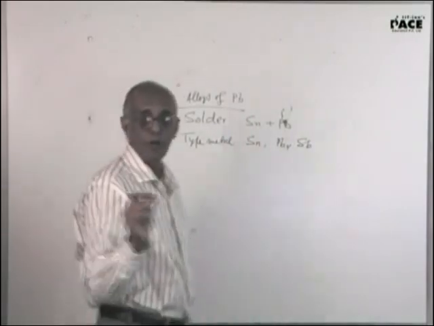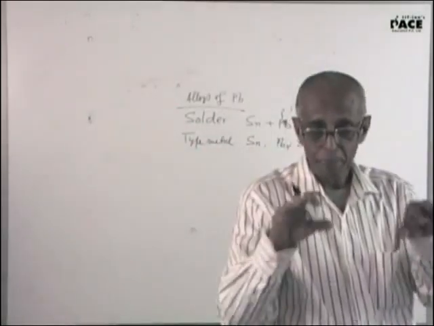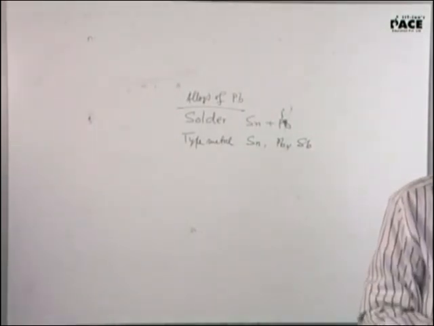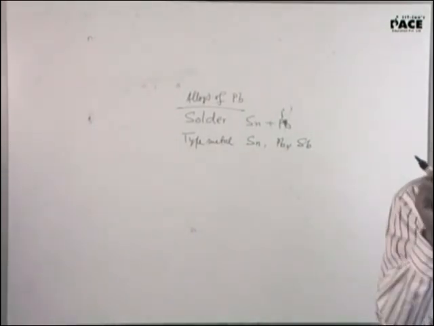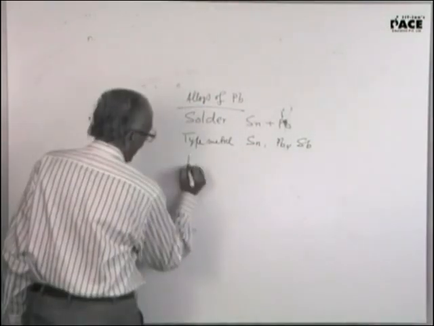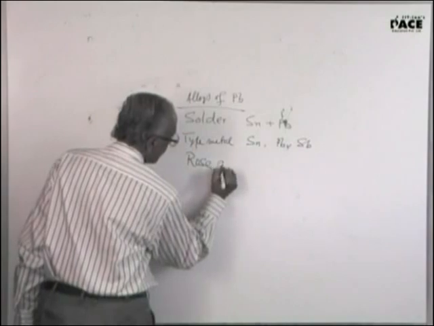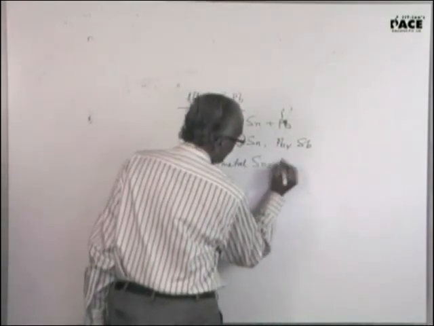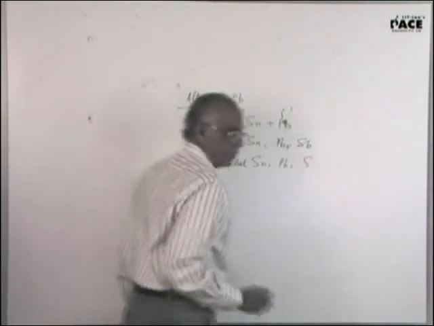Type metal is used for the type of a typewriter or printing machine, so the alphabets of the printing machines are made of type metal. And rose metal is made of tin, lead and bismuth.